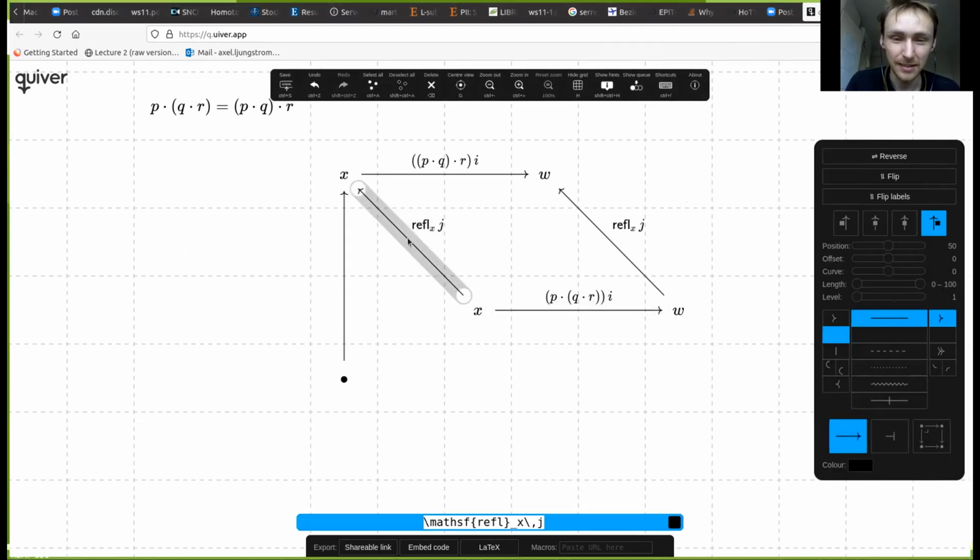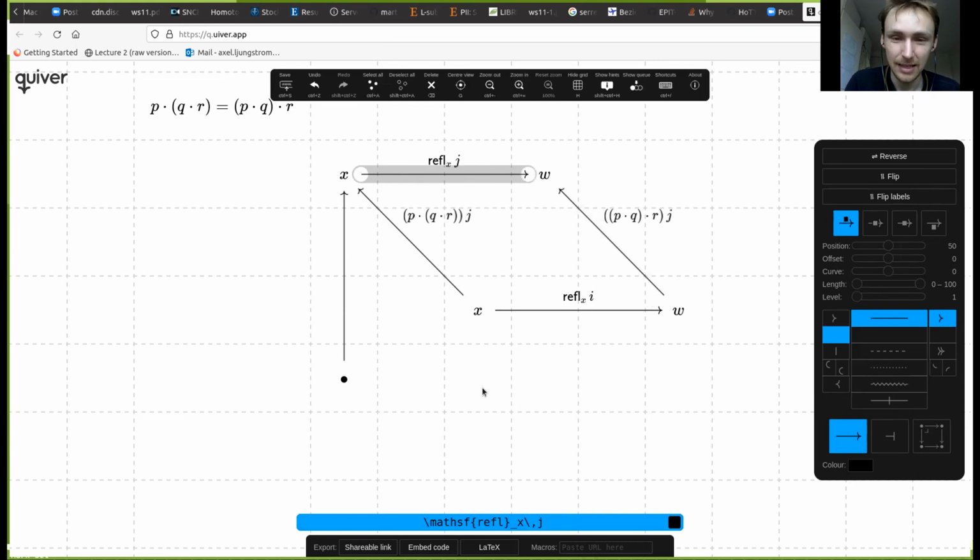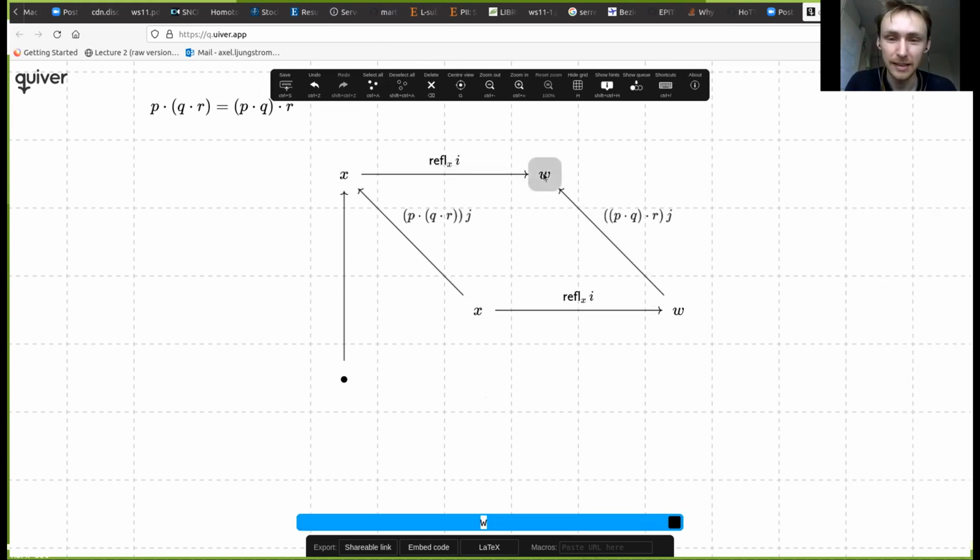Okay, so let's draw the exact same cube here, but on this side we have this has to be a J, and this has to be an I. Sorry about this. Oh no, I need to fix these guys now.